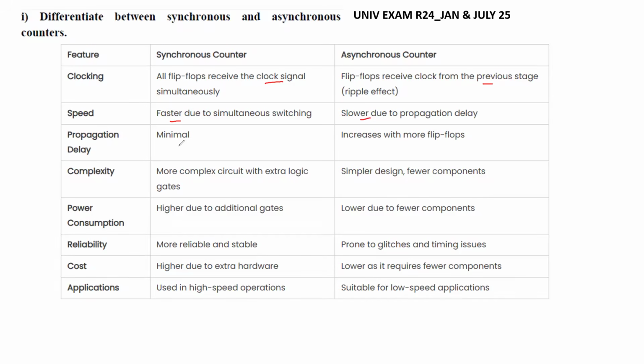Complexity: synchronous circuits are a little complex, asynchronous is simple. Power consumption is higher in synchronous due to additional gates, lower in asynchronous. Synchronous is more reliable, while asynchronous has timing issues. Cost is higher due to extra hardware, lower in asynchronous. Synchronous has high speed of operation, asynchronous low. For 5 marks, you should write a minimum of 5 differences.